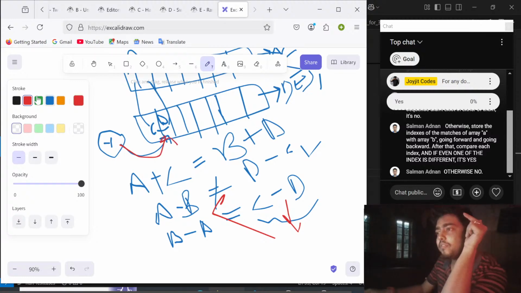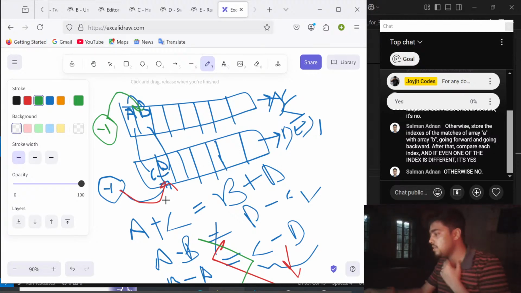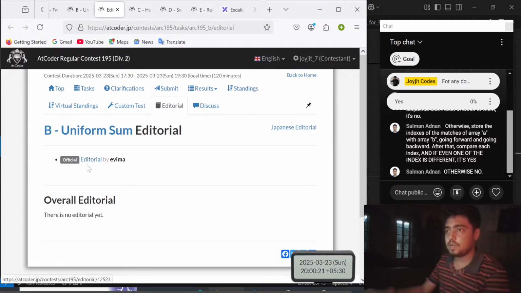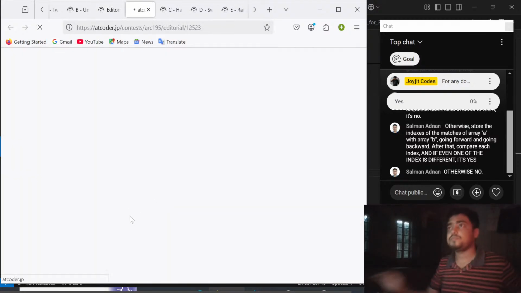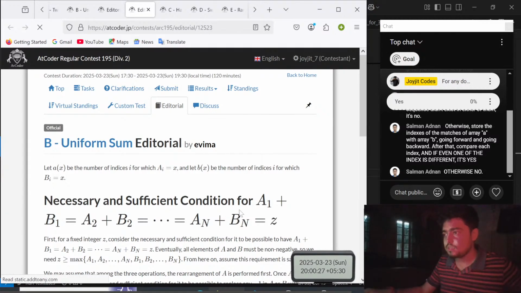But what if it's the opposite? What if this is greater? In that case, I have to put a minus 1, convert it to some other number and put it in between A and B. So this is a logic that we can come up with. So let's look at the editorial. This is the official editorial, I guess.